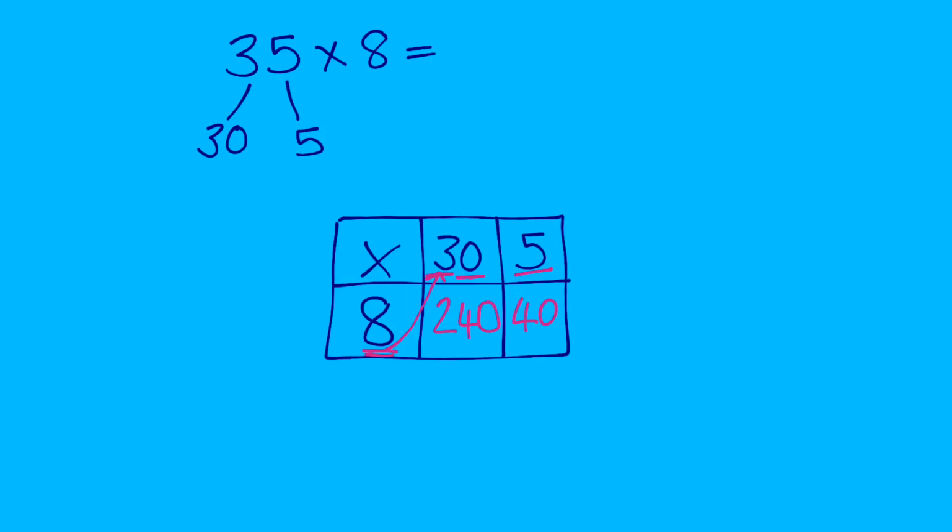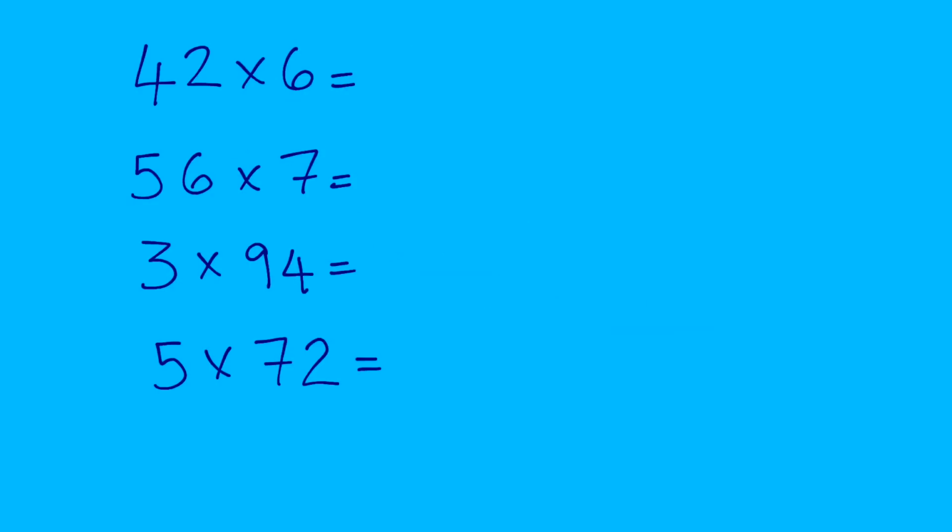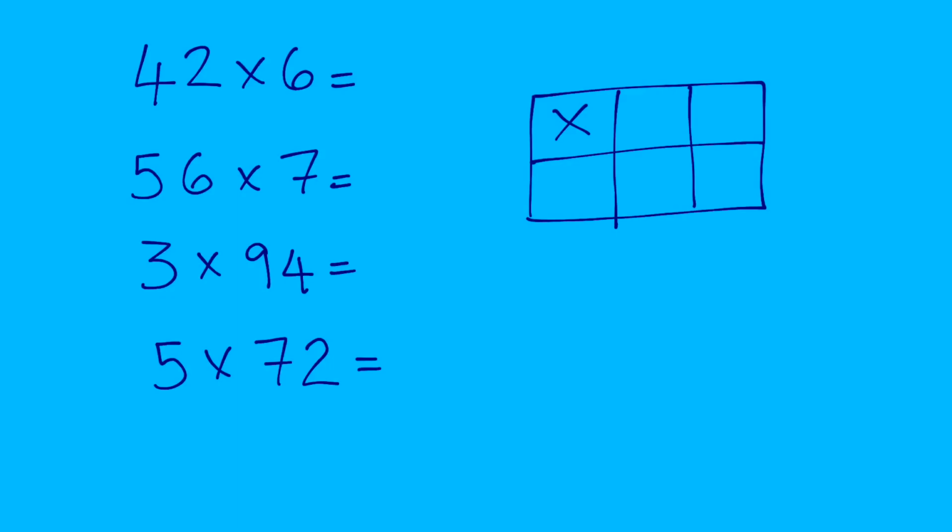Now because I partitioned, I need to add my answers together, so I've got 240 plus 40, which is 280. So I know that 35 times 8 is 280. Now it's your turn to practice some questions using the grid method. Remember to partition the tens and units, and here's a reminder of what your grid should look like. Good luck, and then we'll go through the answers.